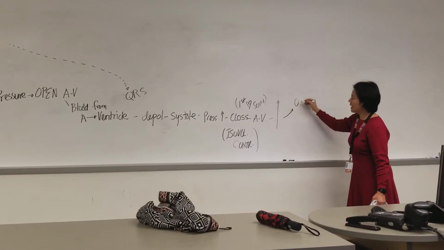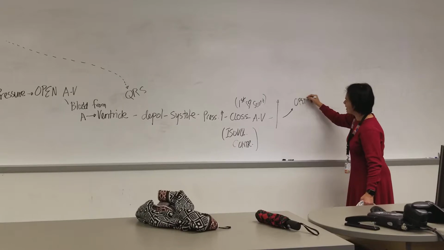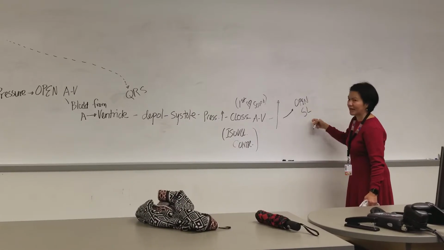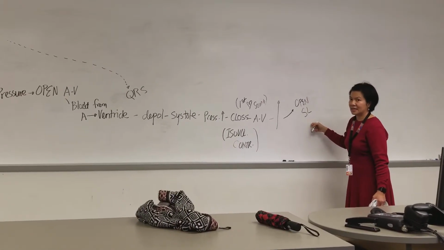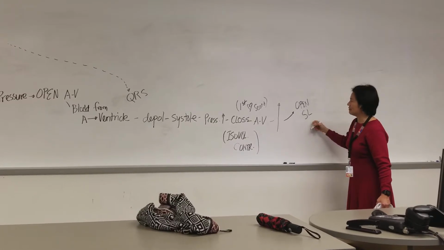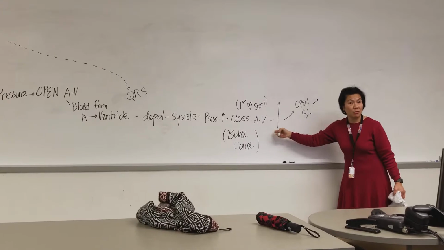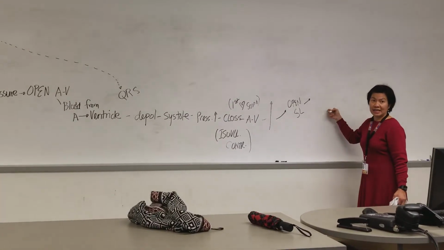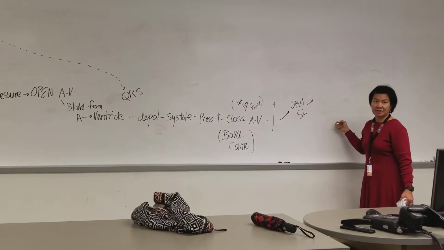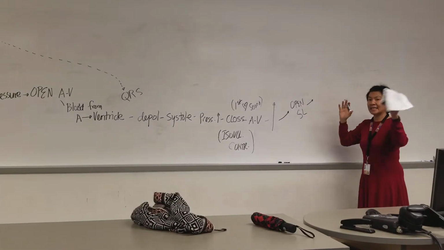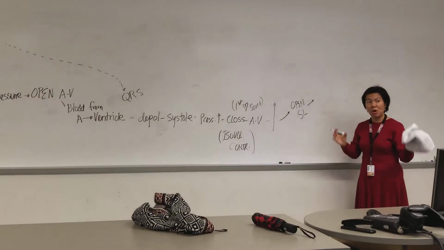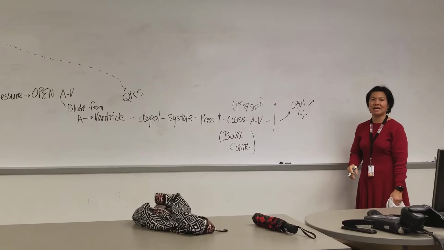Pressure will go up, up, up until there's finally enough pressure to open your semilunar valves, right? What happens when the semilunar valve opens? Your blood from the ventricle will move to the aorta and your pulmonary artery. Right? So the right and left sides are happening both at the same time.